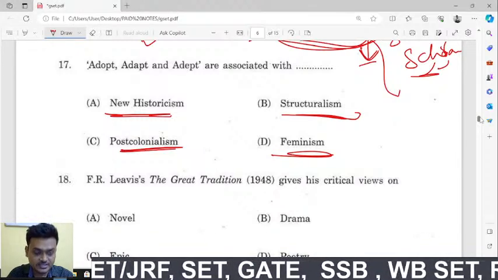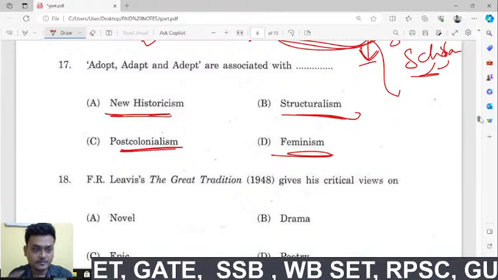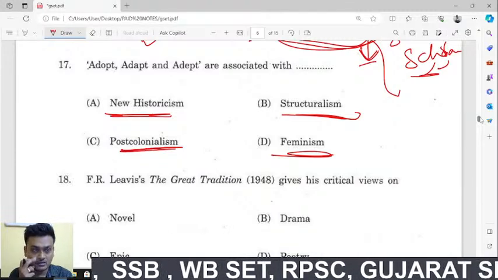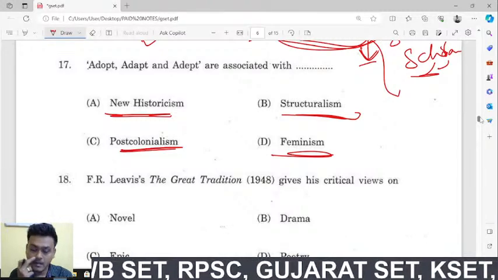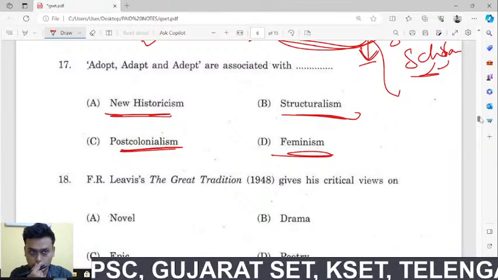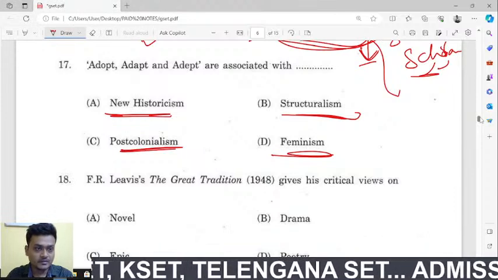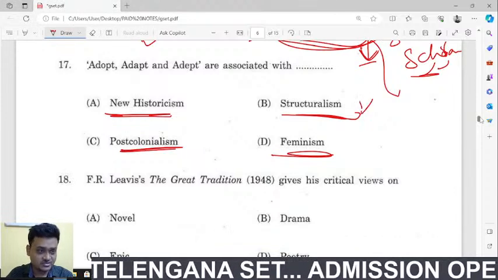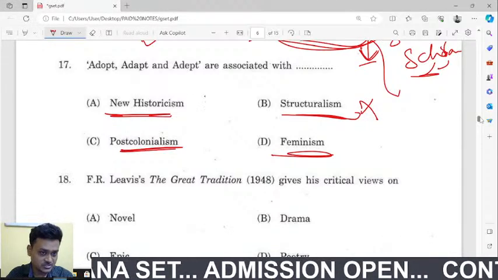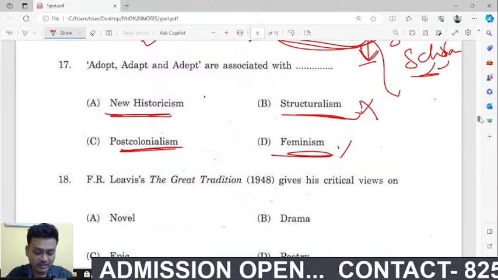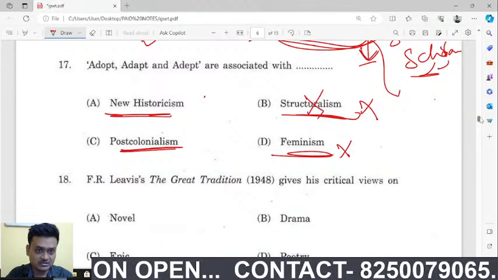There is the duality. Desire. It's not structuralism. It's not even new historicism. It's not even feminism.